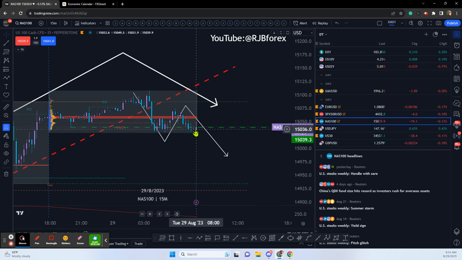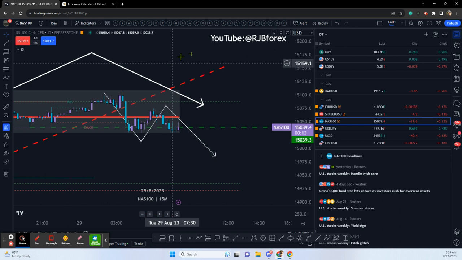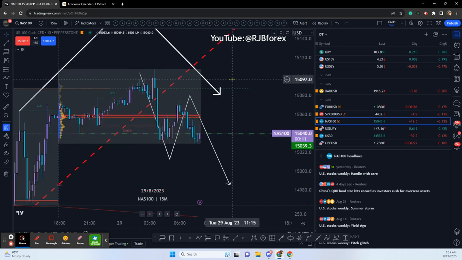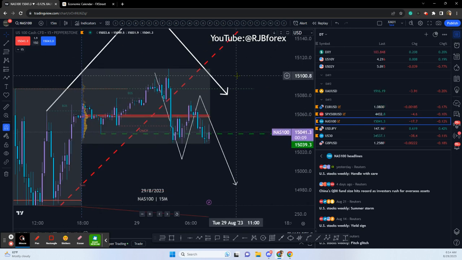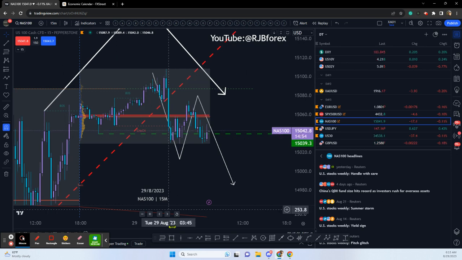Engulfing candle, wicks. I mean, if this engulfs, that would be very promising for a short. You've got 14 seconds till the end of that candle, so is it going to drop? Probably not. 5 seconds to go. Right, new 15-minute rotation. Looks like there's plenty of support here at the moment.